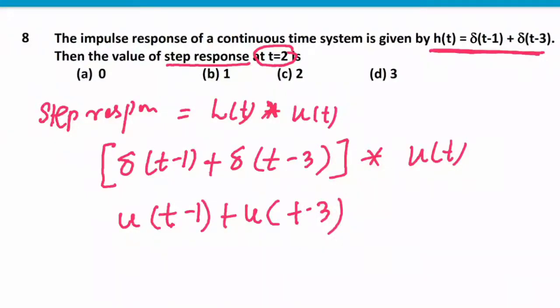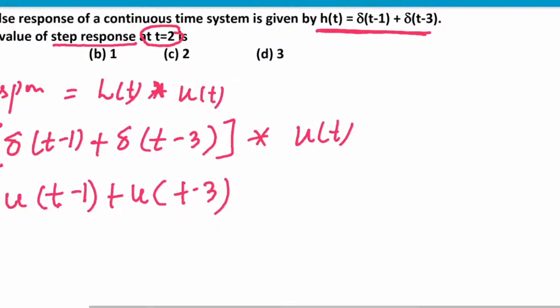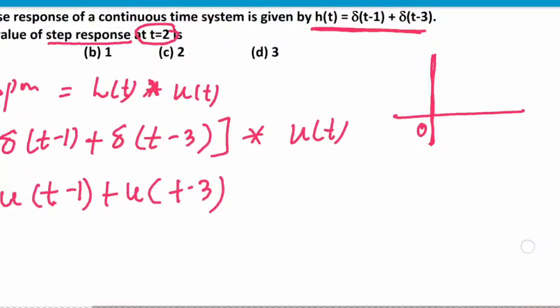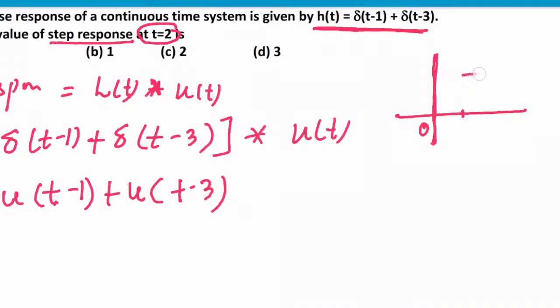So what is this one? We can draw this graph. For u of t, it is 0 for t less than 0, and for t greater than 0 the value is 1. What is t minus 1? It is delayed by 1, or shifted to the right.